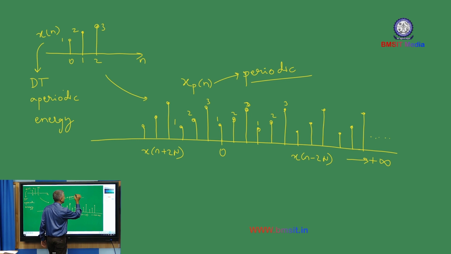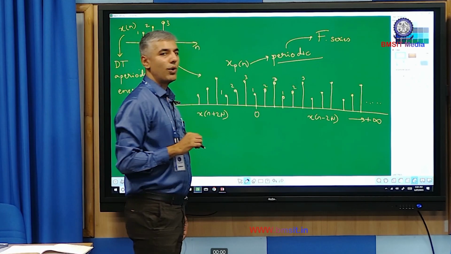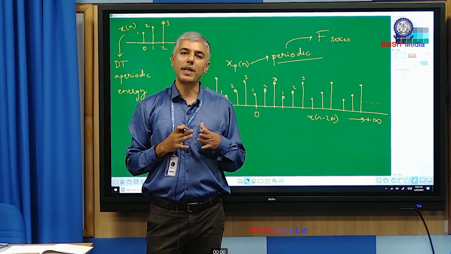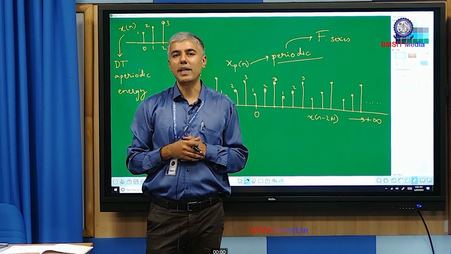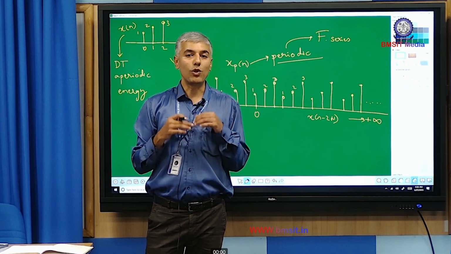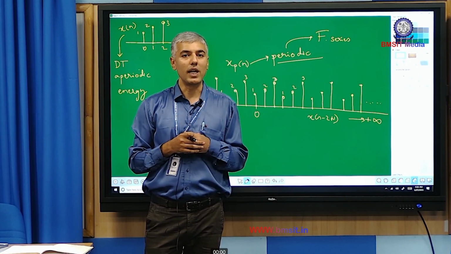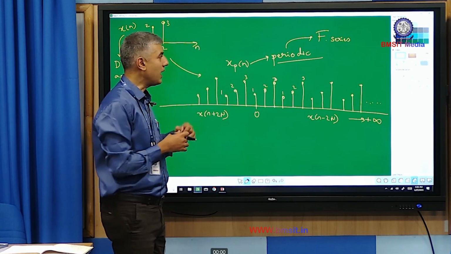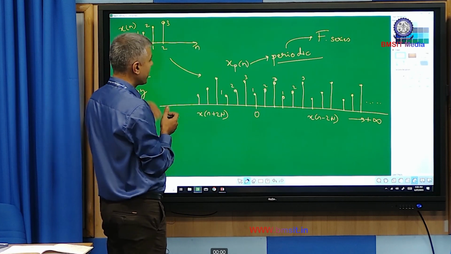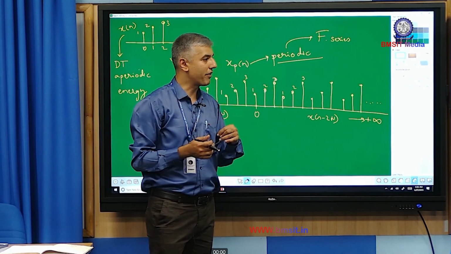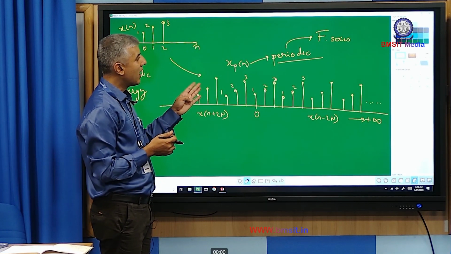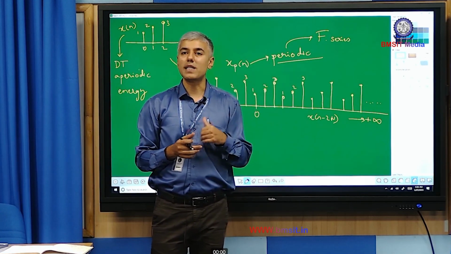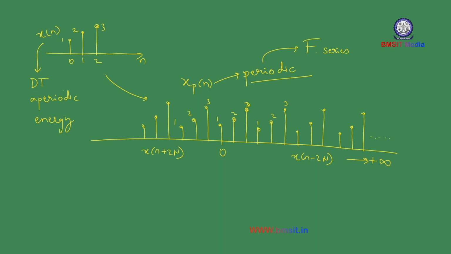We can represent this using Fourier series, because you know that Fourier series is applied to periodic signals and Fourier transform is applied to aperiodic signals. So though I applied Fourier transform over there, it is actually the representation of xp of n. xp of n happens to be the periodic repetition of x of n, and this in turn is allowing us to apply Fourier series on this representation.